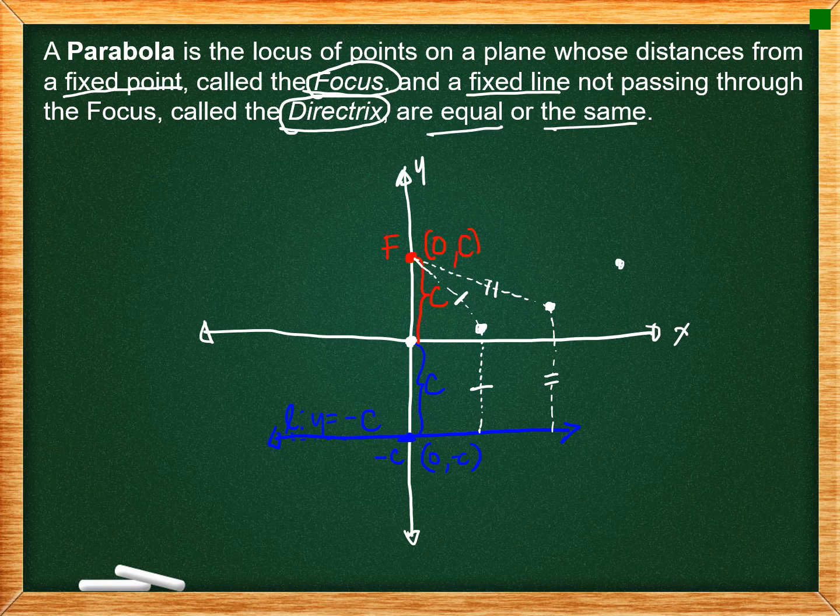If the distance of this point to our line L, we're going to extend the line going that way, just to make you contented with it, is equal to the distance from this point to the focus, then this point must also be on the parabola.